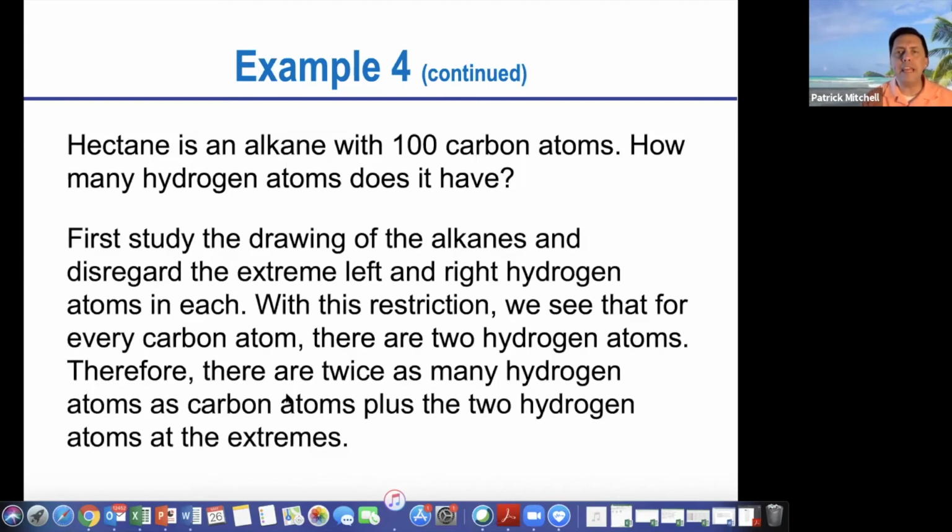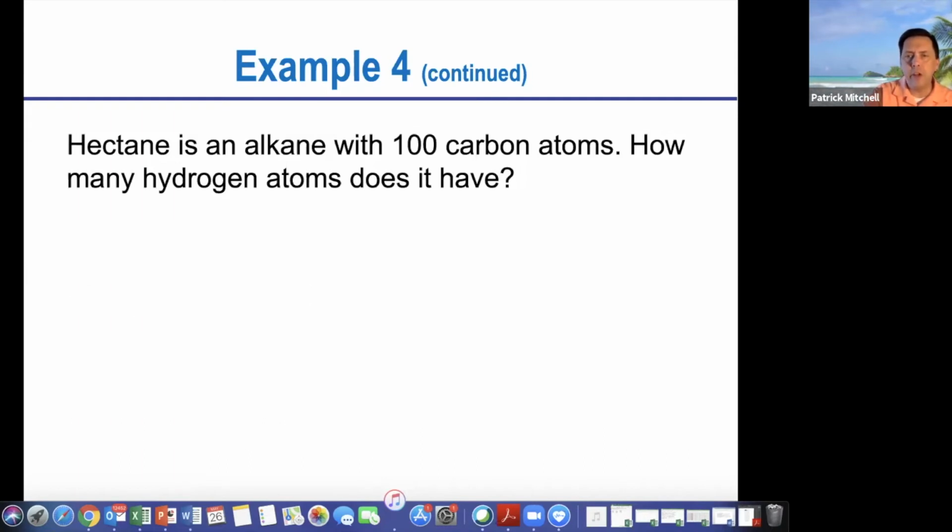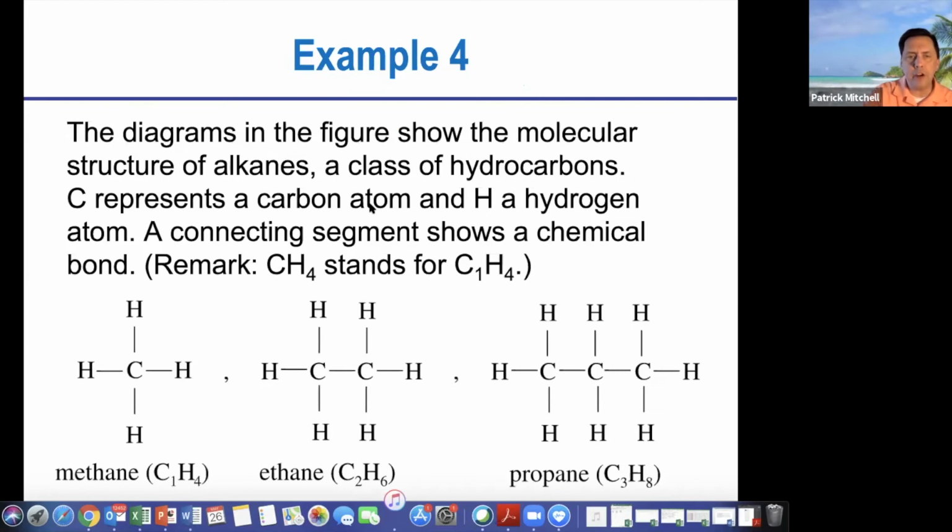Study the drawing of the alkanes and disregard the extreme left and right hydrogen atoms in each. So looking back at the picture, if you ignore the ones on the end, then when there's 1 carbon, you have 2 hydrogen. When there's 2 carbon, you have 4 hydrogen. When there's 3 carbon, you have 6 hydrogen. So that's a very simple pattern, right?